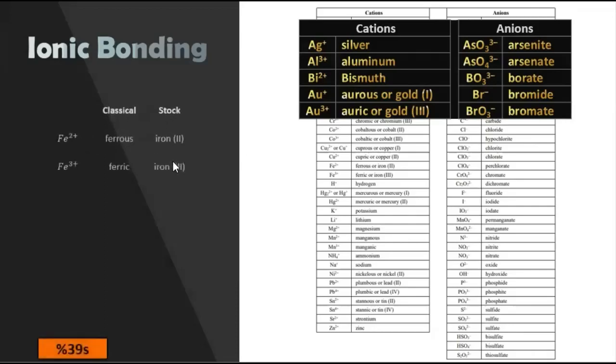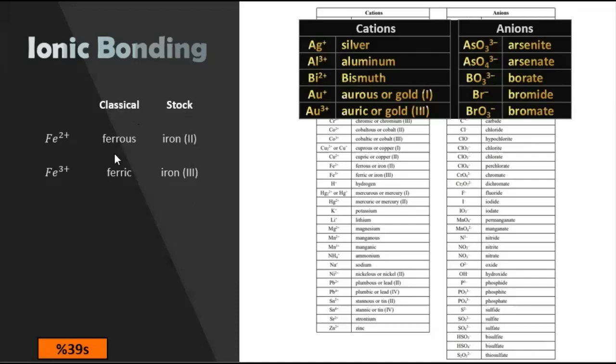Observe our cations. We have 2 options for naming a cation. We have here ferrous or iron, ferric or iron. We have also another example. The name having a Roman numeral is called the stock name.